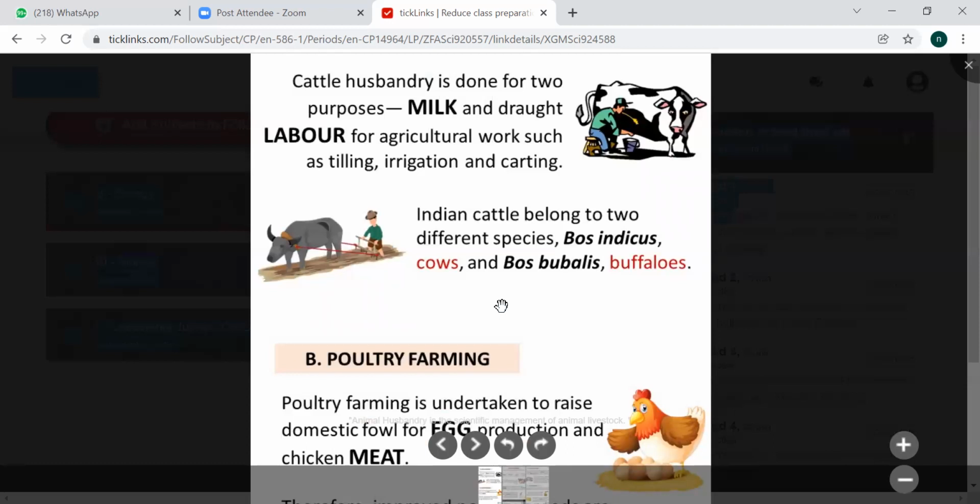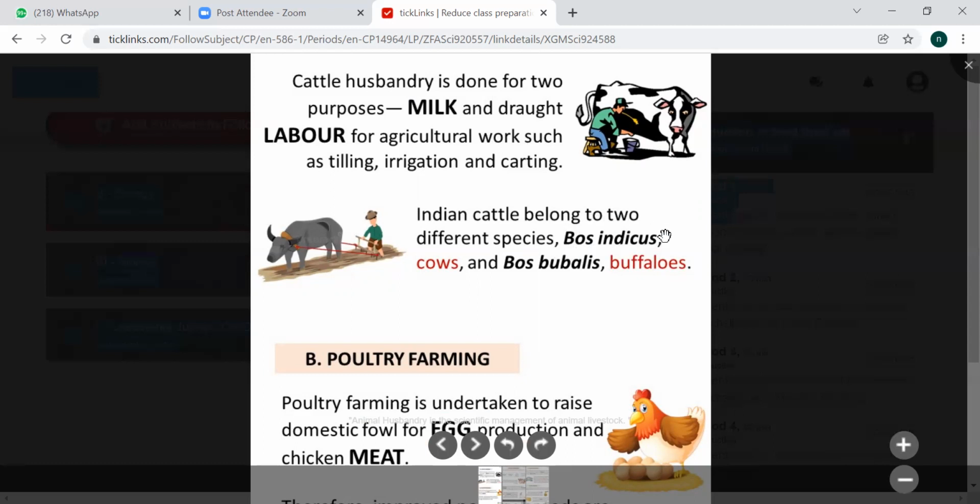Please note down these two scientific names, because most of the time the scientists who named these animals are from Greek or Latin. So that becomes the scientific name.